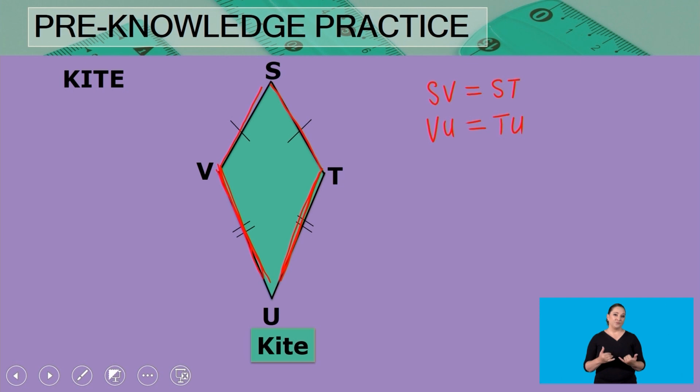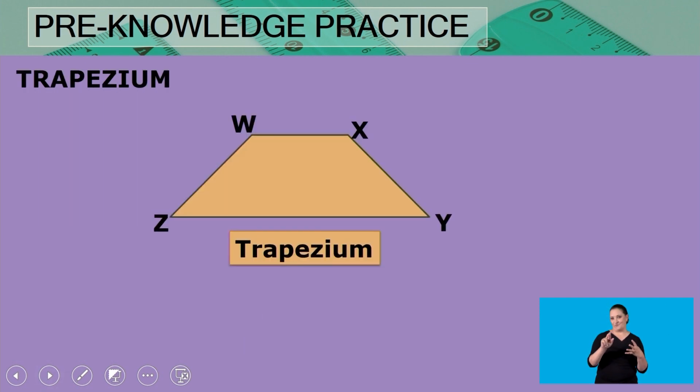Which other quadrilateral are we going to look at? If you are thinking of a trapezium, then you are absolutely correct. What do we know about a trapezium? A trapezium has one pair of opposite sides that are parallel.